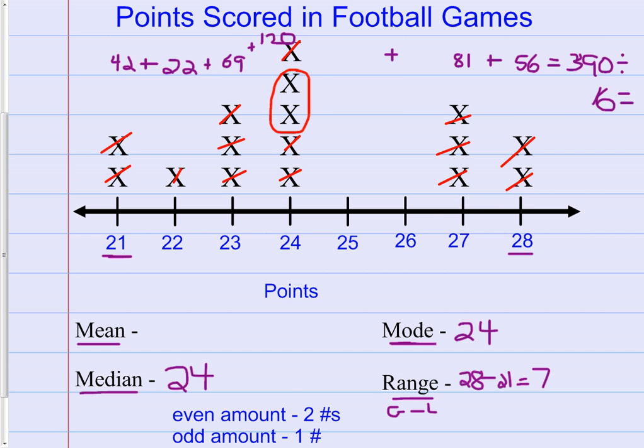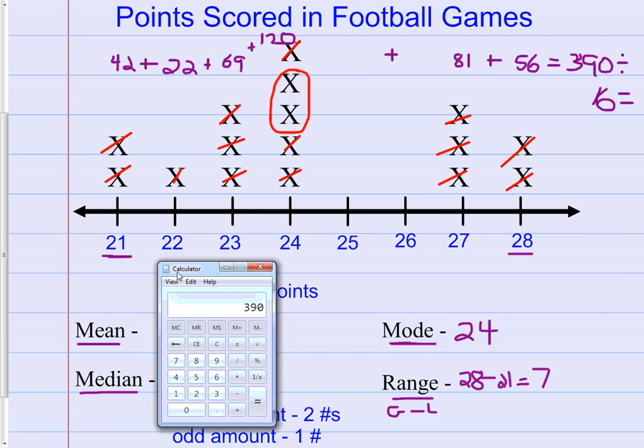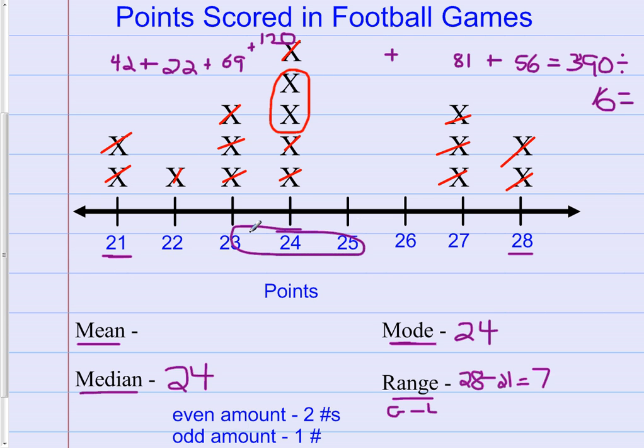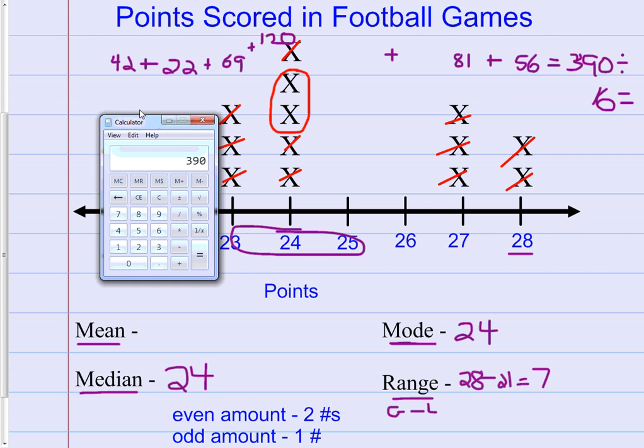Okay, which I can pull out my calculator for. But before I do that, with my mean, and with any line plot, I like to think about where it's going to be. I'm estimating that my mean is going to be somewhere near the middle. I see a lot of X's here, so my mean is going to be somewhere in here, 23, 24, 25, somewhere in there. If I get something other than that, I probably did something incorrectly.